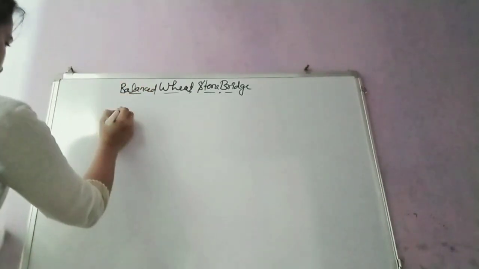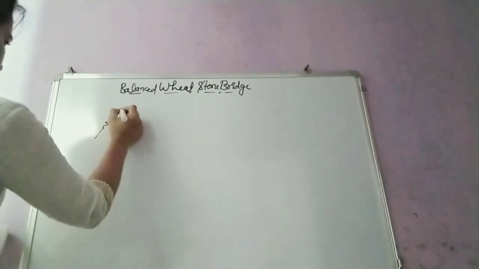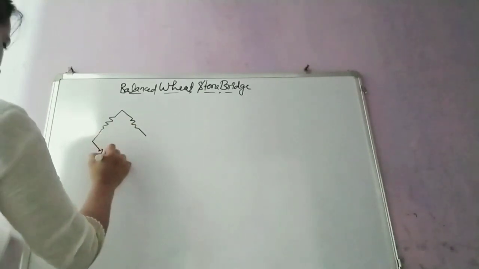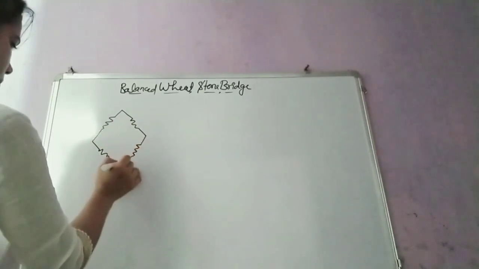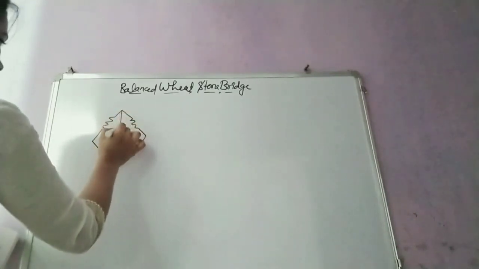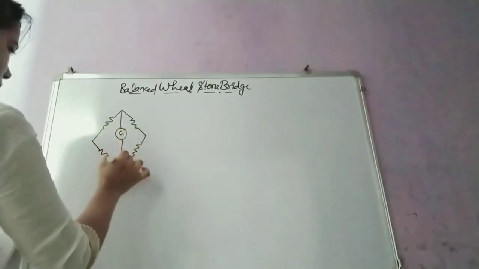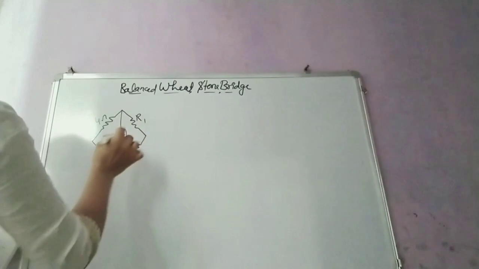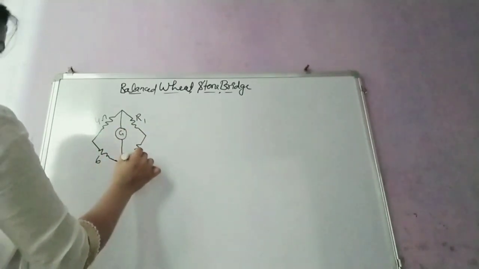Now I am taking one numerical which has come in 2013. Okay, question is, diagram I am drawing. The question is also very lengthy, so that's why I am not writing that. So this is one galvanometer, G, 4 ohm, R1, and 6 ohm and 9 ohm.